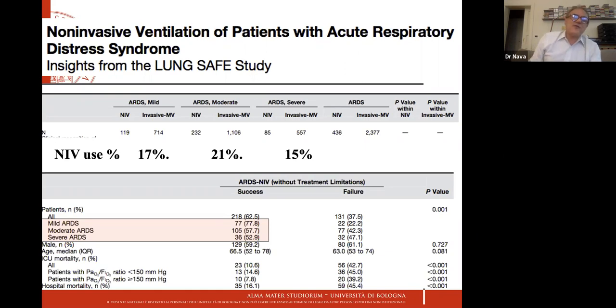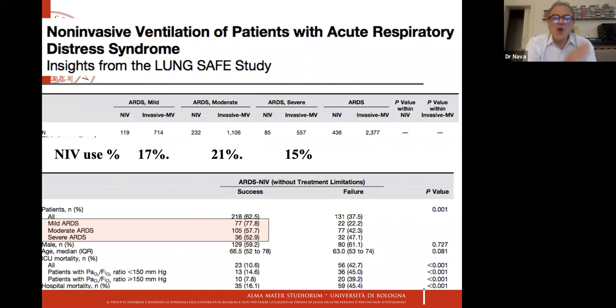If you follow what the Berlin definition suggested, you should have used NIV only in mild ARDS, from 200 to 300, that once upon a time was called acute lung injury. In this subset of people, 70% were mild ARDS, moderate between 200 and 100, 21%, severe ARDS, 15%.